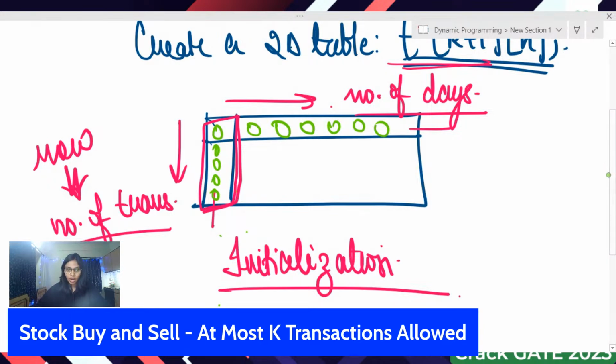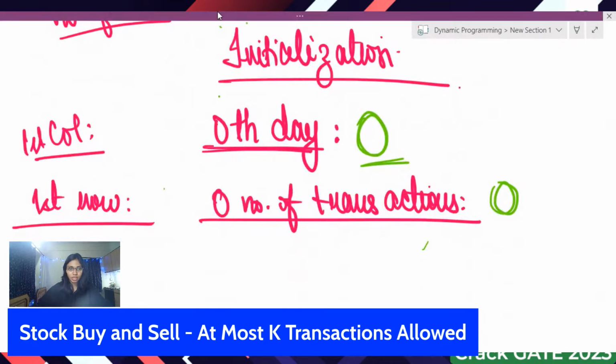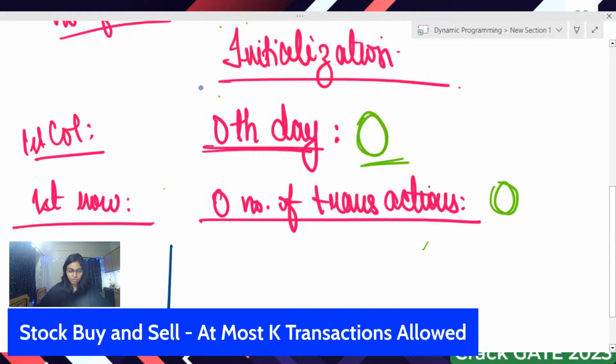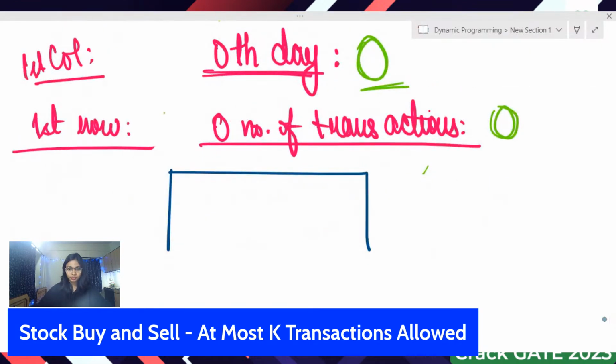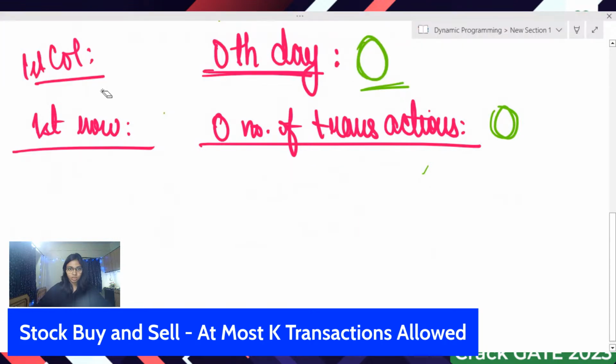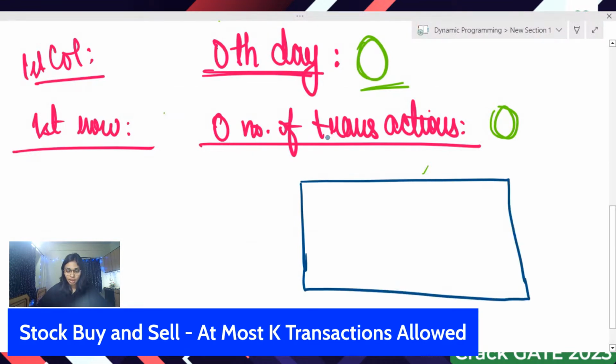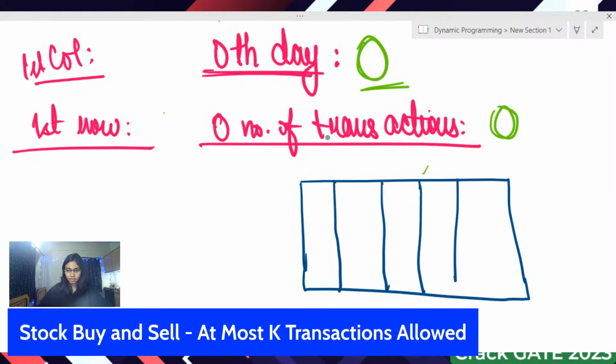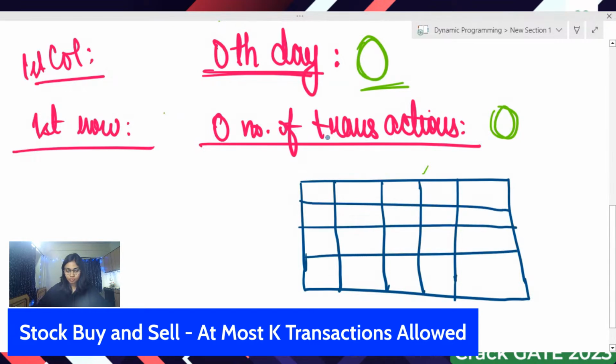Okay, so now for the rest of the table, let me tell you what the cell signifies. If this is our table, and these are the cells that we have, 0, 1, 2, 3, 4 are the index values, and 0, 1, 2, 3 are the number of transactions that you can make.